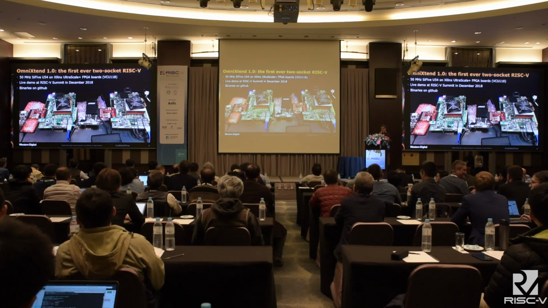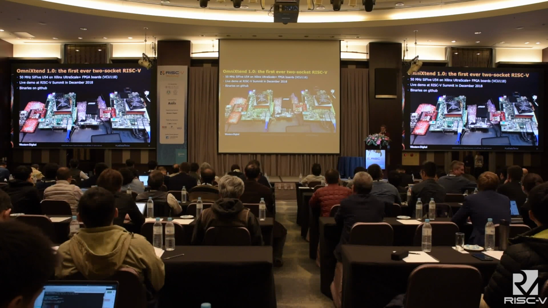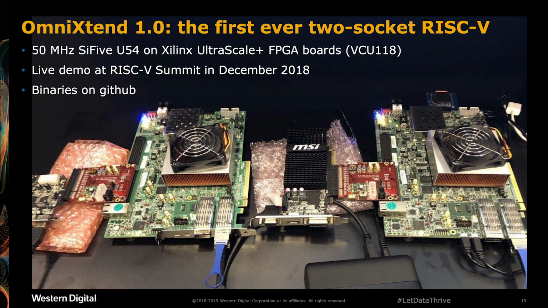You can't of course see it here, but on the screen you could see that the processors were accessing unified memory across the two boards, and both processors could access each other board's memory coherently, accessing the other processor's cache if necessary. And the binary is on GitHub.